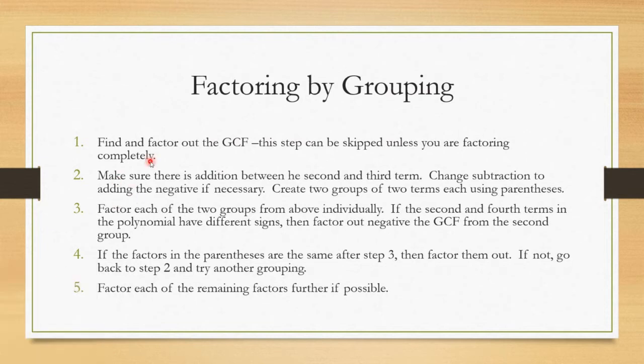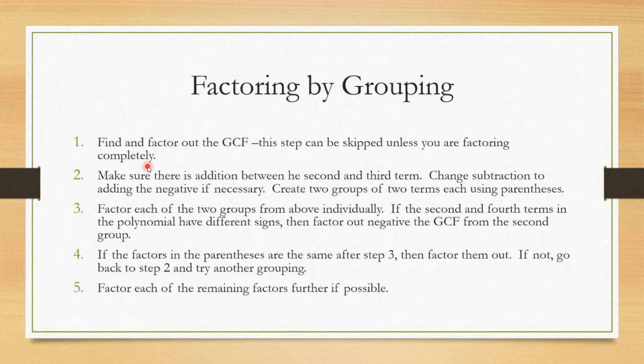If you're factoring completely, that's something you definitely want to do no matter what kind of polynomial you have. Take out any common factors. But unless you're factoring completely, you don't really have to do that. It just came up in my other class, and I wanted to let everyone here know it as well. So that's for factor by grouping.